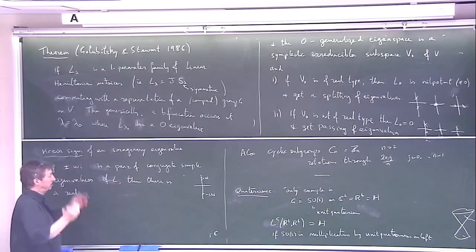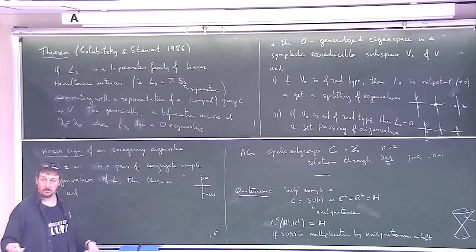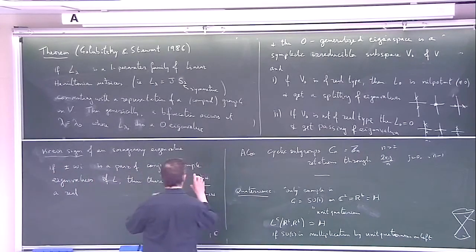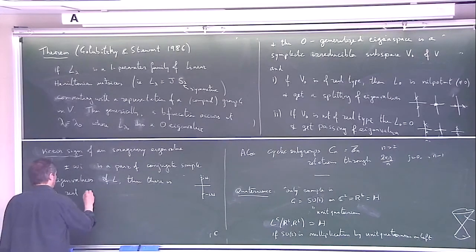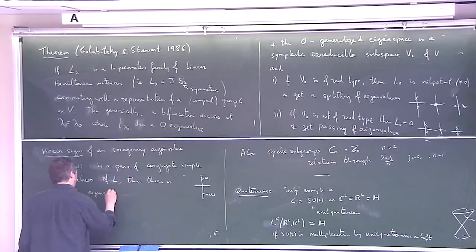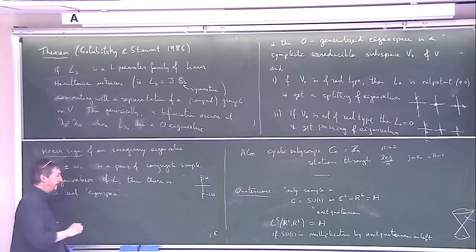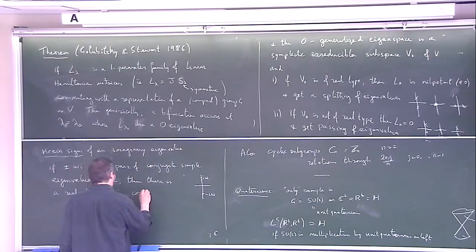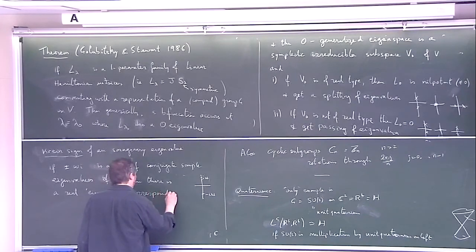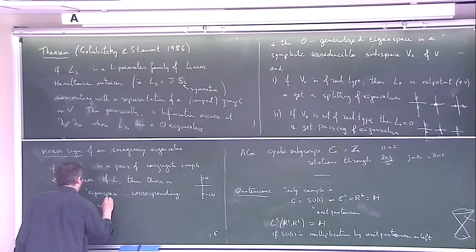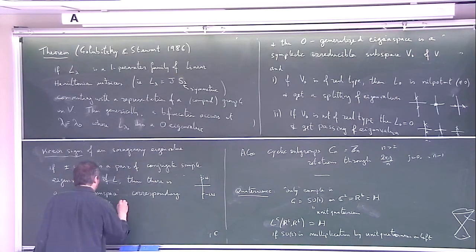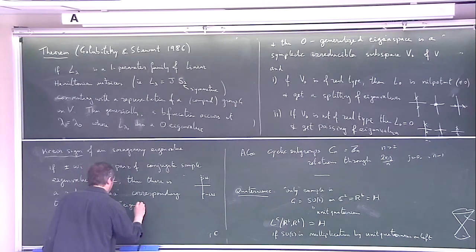L is maybe a high dimensional system, 2n by 2n, but I've got a pair of simple imaginary eigenvalues. Then there is a real eigenspace with, let's call them, eigenvectors.